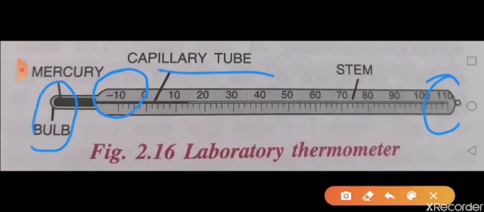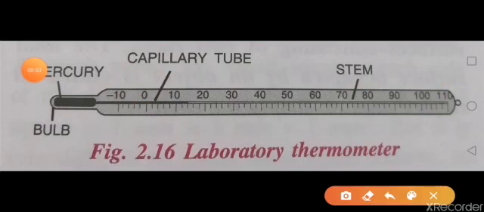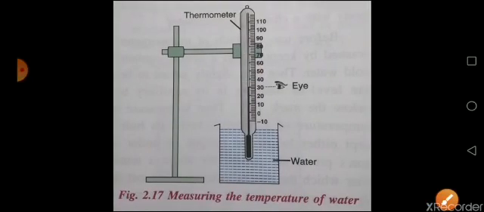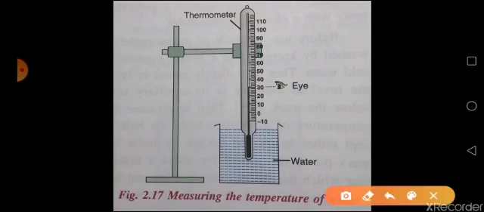Remaining everything, whatever mercury bulb, capillary tube, and stem of your thermometer you have, all will be the same, and one small change will be in this part regarding your clinical thermometer, that we will discuss there. Rest everything will be the same, but the readings or markings of your laboratory thermometer and clinical thermometer will be different.